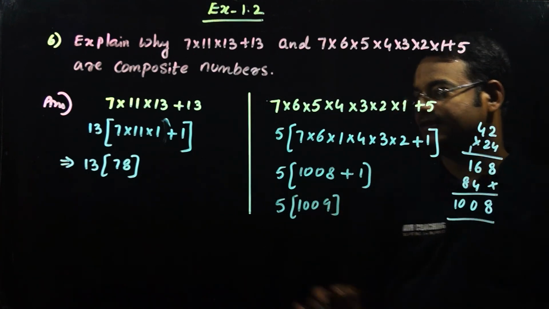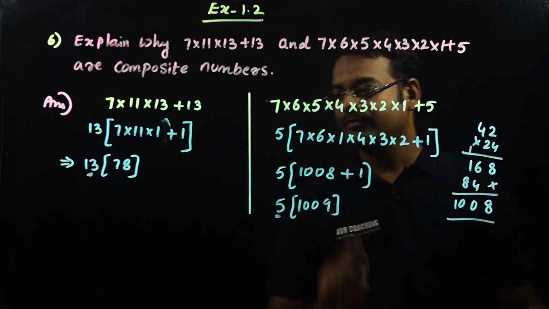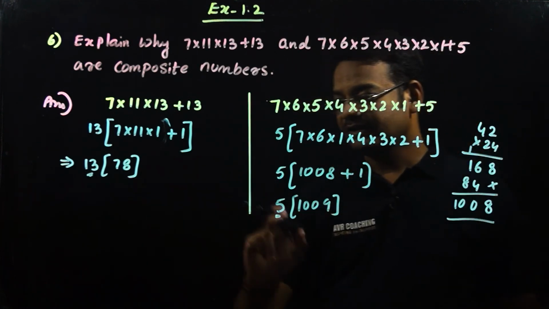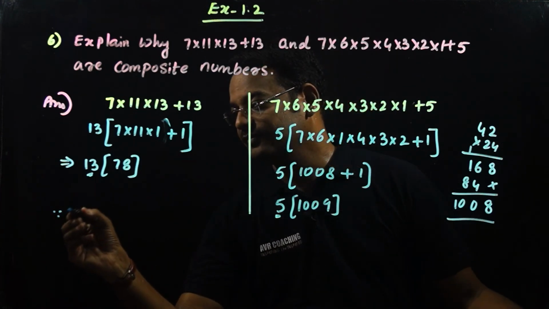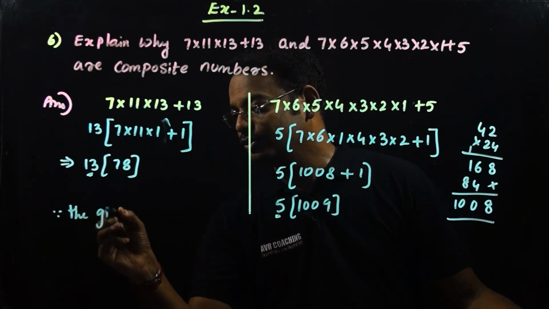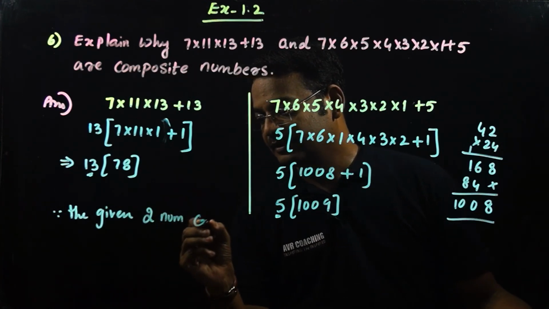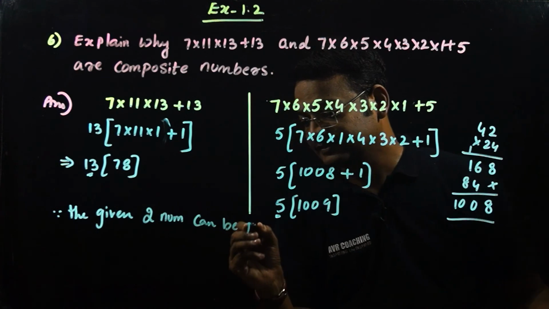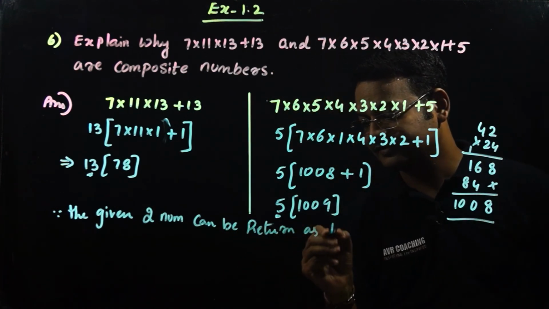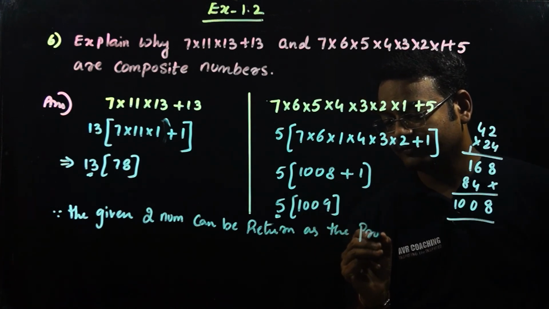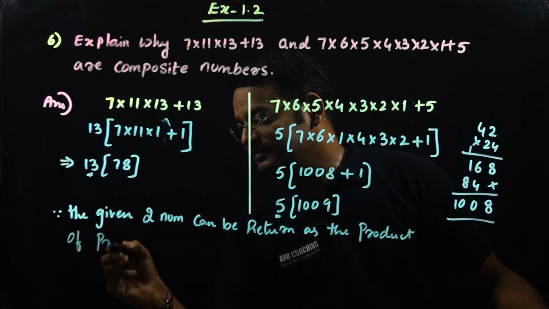If you carefully see, these two numbers can be written as products of prime factors, that is 13 and 5. So therefore these two numbers are composite numbers, since the given two numbers can be written as the product of prime numbers.